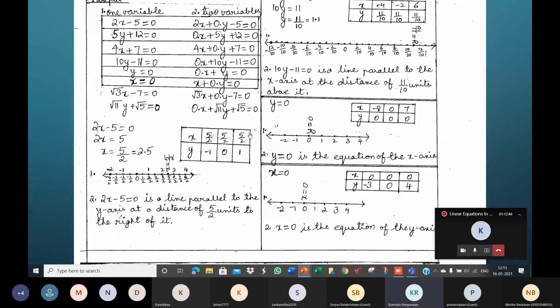So this equation must be written in this form, and you don't have to actually calculate to make this table. You need to take a minimum of 3 pairs. See, 5 by 2 comma minus 1 is 1 pair, 5 by 2 comma 0, then 5 by 2 comma 1. You need to take a minimum of 3.